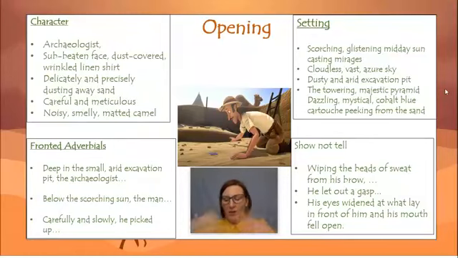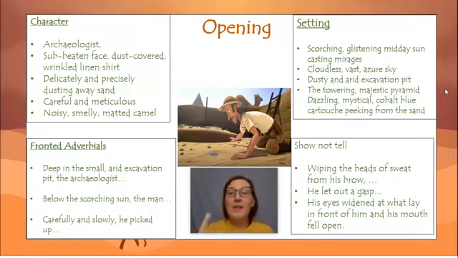He wasn't just scraping the sand everywhere. He was very carefully sweeping it. And then we had the noisy, smelly, matted camel. He was a little bit grumpy and actually seemed a little bit bored, didn't he? He really did. Okay, so that's the discussion of the characters there.